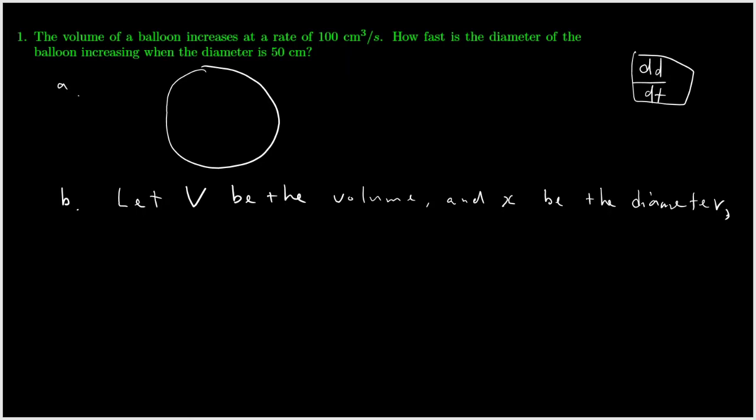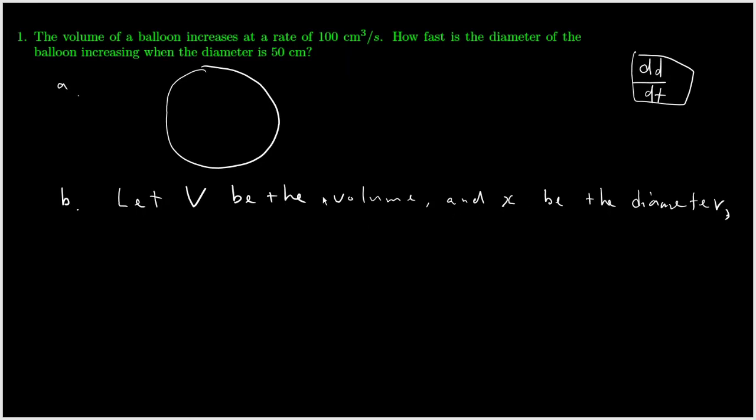Instead, we have a formula to give the volume in terms of the radius. In order to relate V and X, we need an intermediate quantity, that is the radius.